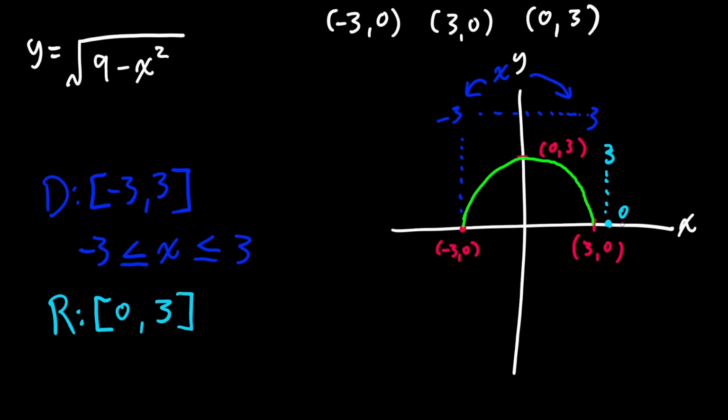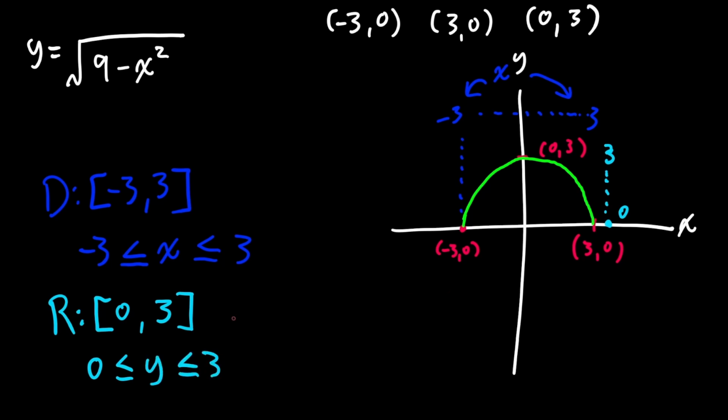Now we can also write this in inequality notation, much like how we have done for the domain. The y value in this case has to be between 0 and 3. To write that, we can say that 0 is less than or equal to y, which is less than or equal to 3.